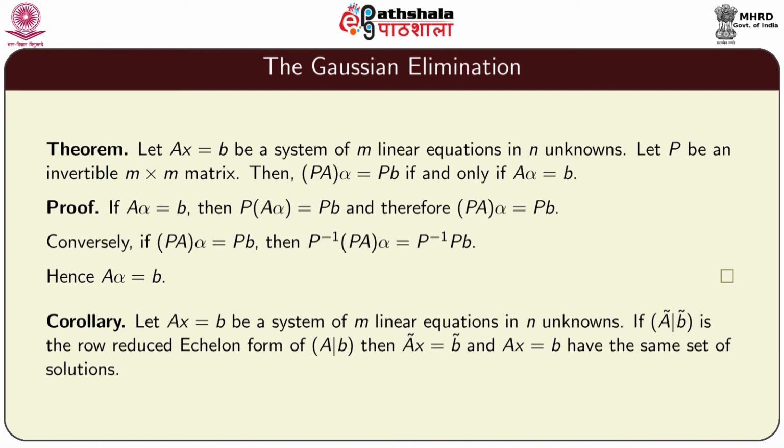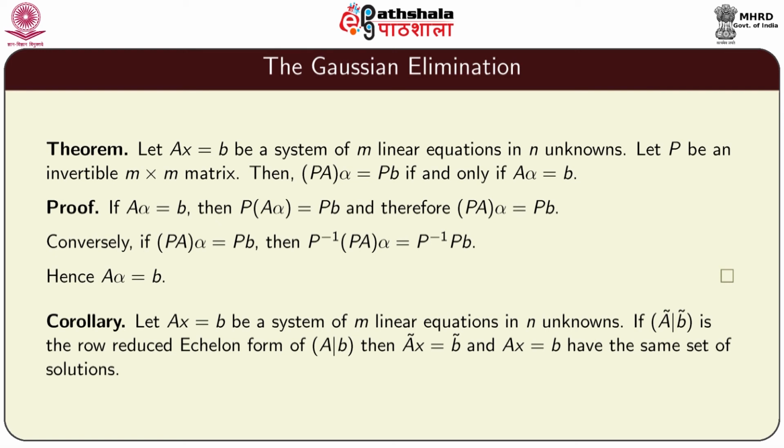And we have already seen in the previous theorem that if alpha is a solution of the original system, then alpha is also a solution of the changed system after multiplying it by P. Therefore, the corollary is proved.